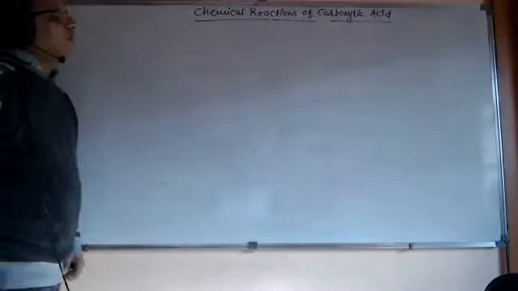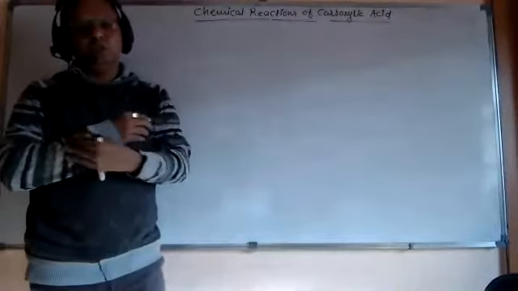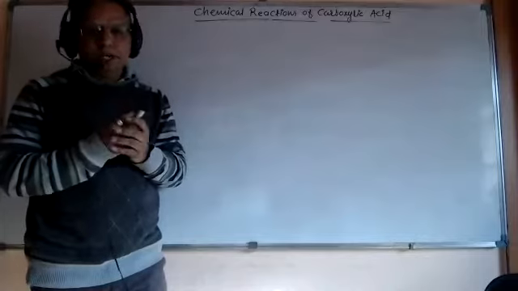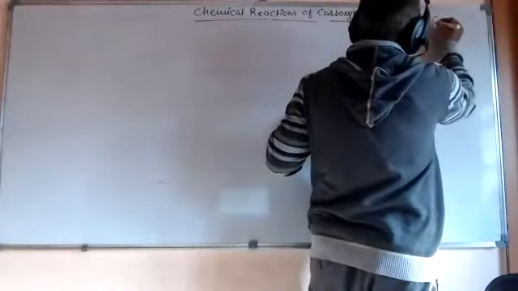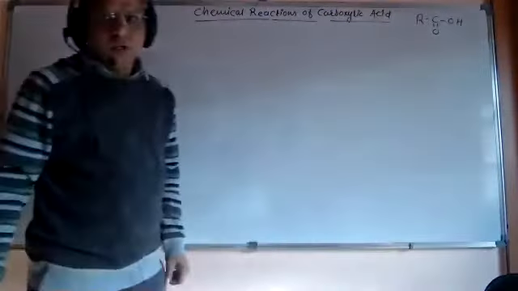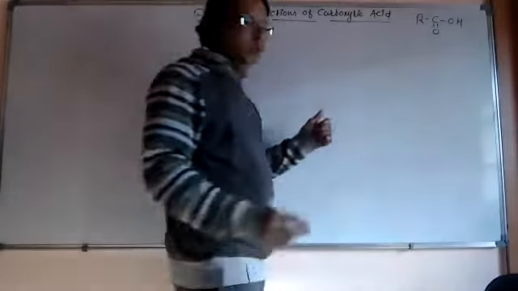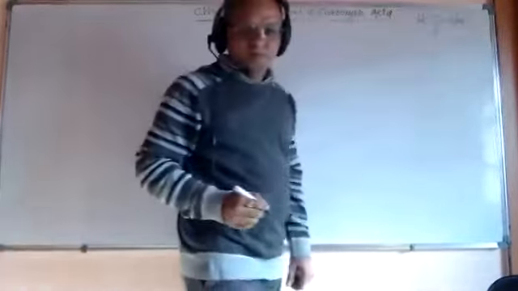So friends, chemical reactions of carboxylic acid can be divided into various breakdowns. As you know, carboxylic acid has the common formula RCOOH. Out of RCOOH, the first breakdown is possible between oxygen and hydrogen.